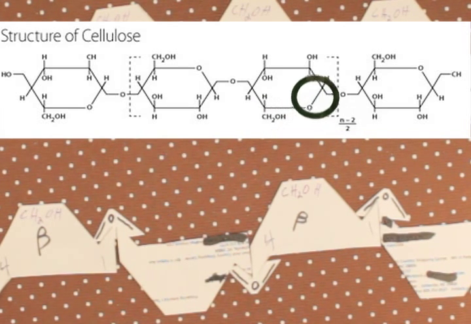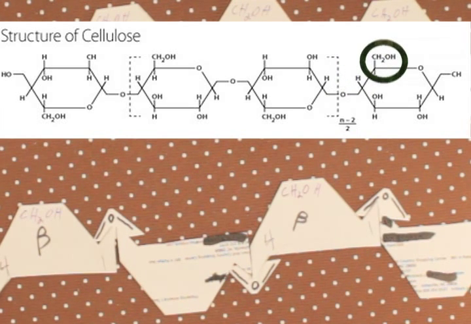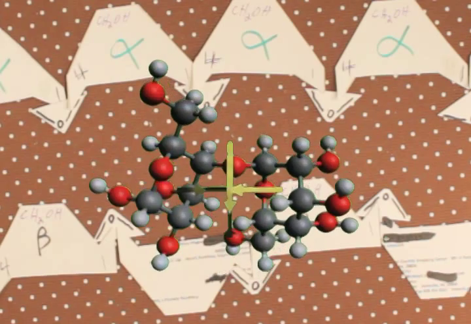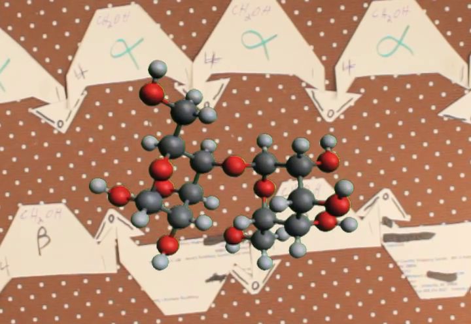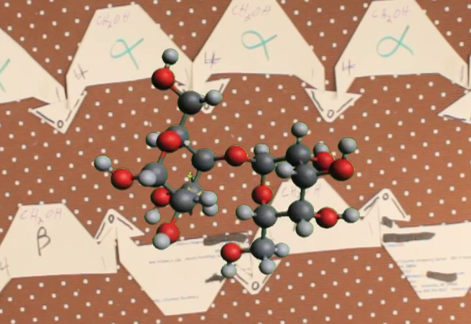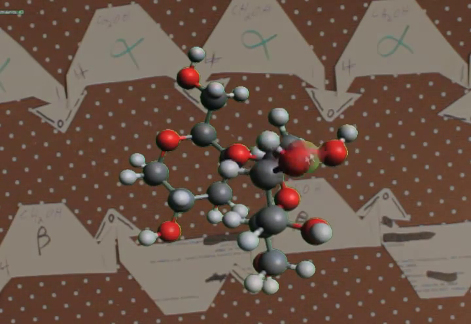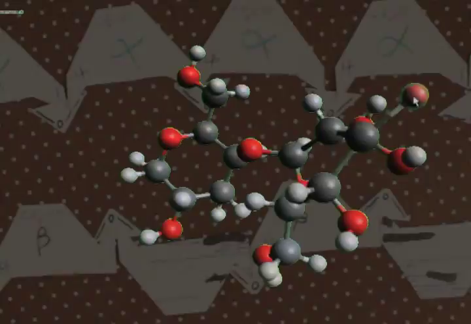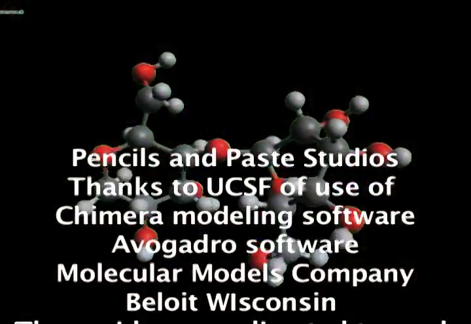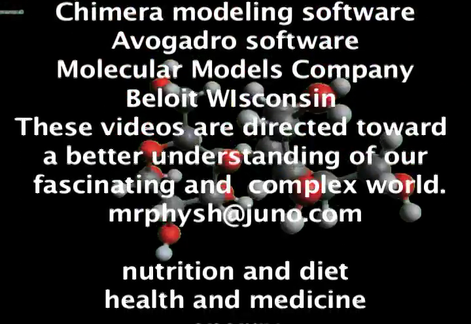The fiber in the food that we eat is cellulose. Cellulose is to a large extent not digestible, and that's not, of course, entirely true, but it's a very different structure. When you look out at our world on the planet Earth, you are looking at the beta 1,4 linkage of the glucose molecule.